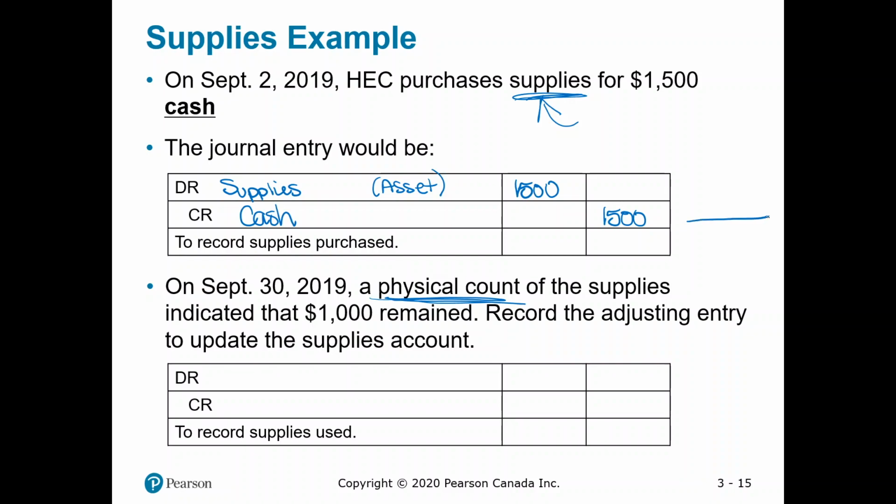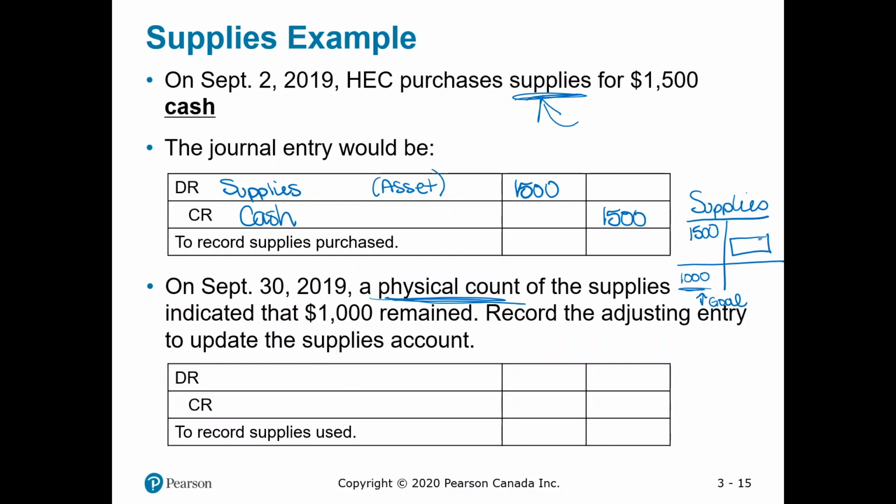So we need to record the adjusting entry to update the supplies account. We can think of this in T account form. We debited this $1,500 when we purchased it, but at the end of the month we did a count and we actually only have $1,000 left. So this is our goal. We need to adjust our account to get to that amount.